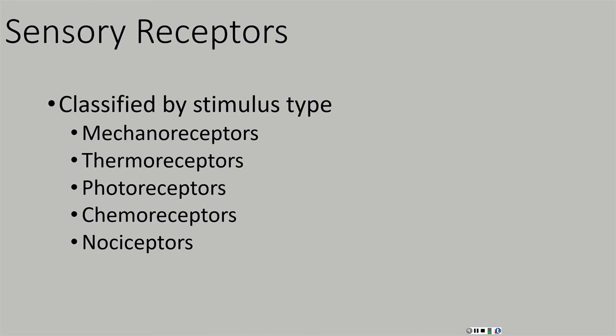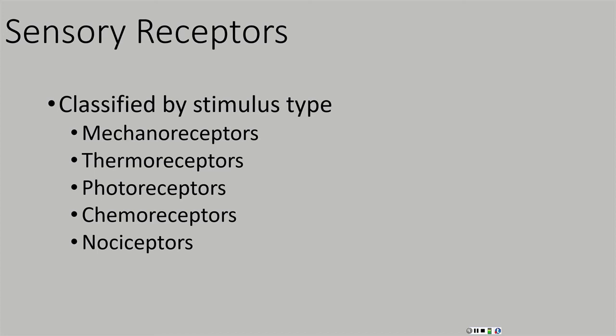Our taste buds are receptive to certain chemicals in whatever we put in our mouth. But we also have chemoreceptors throughout our body that detect things like pH or carbon dioxide levels. So different chemoreceptors will detect different types of chemicals.